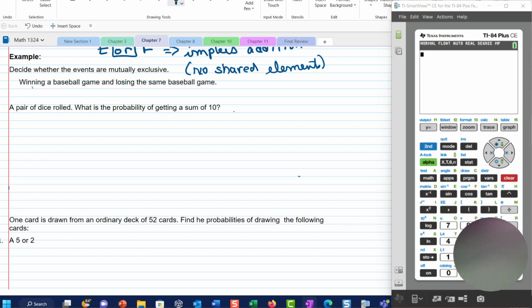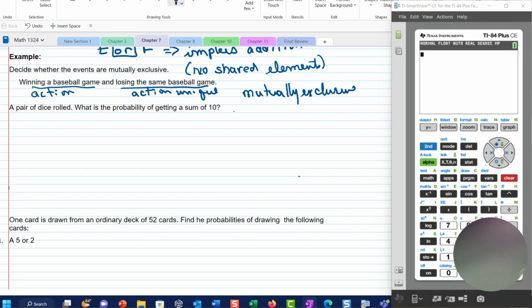Winning a baseball game, an action. Losing a baseball game, an action, unique. Well, you can't do both, right? So they are mutually exclusive.